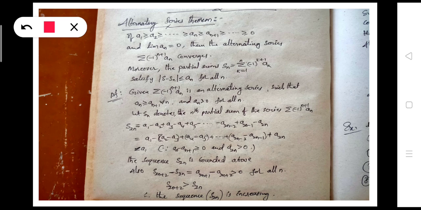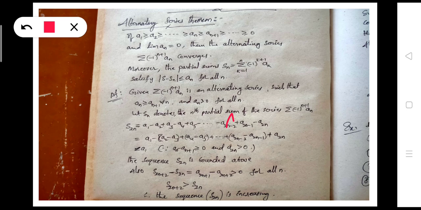Therefore each an minus an plus 1 is greater than 0 and a2n is greater than 0. Therefore S2n is less than a1. The sequence S2n is bounded above, because it is less than a1, which means it has only an upper bound.